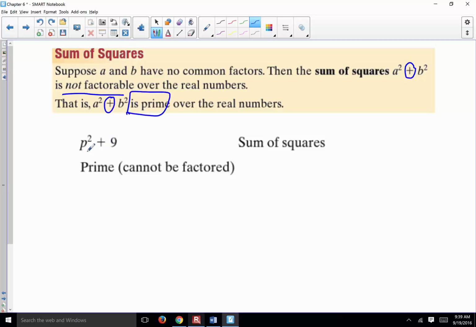Okay, because of this plus. This is actually 3 squared. It looks like square difference. I wish this was a minus so I could factor it, but with a plus, no.